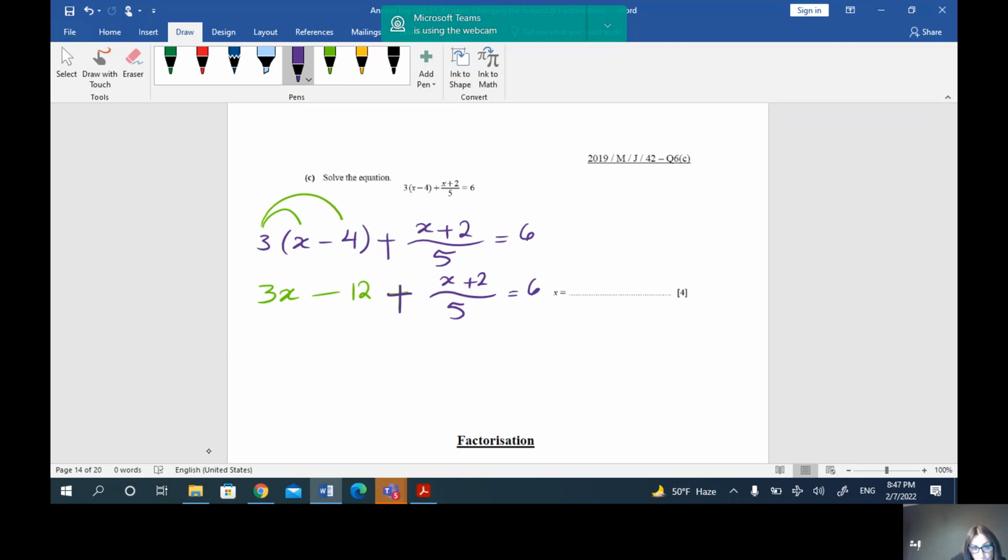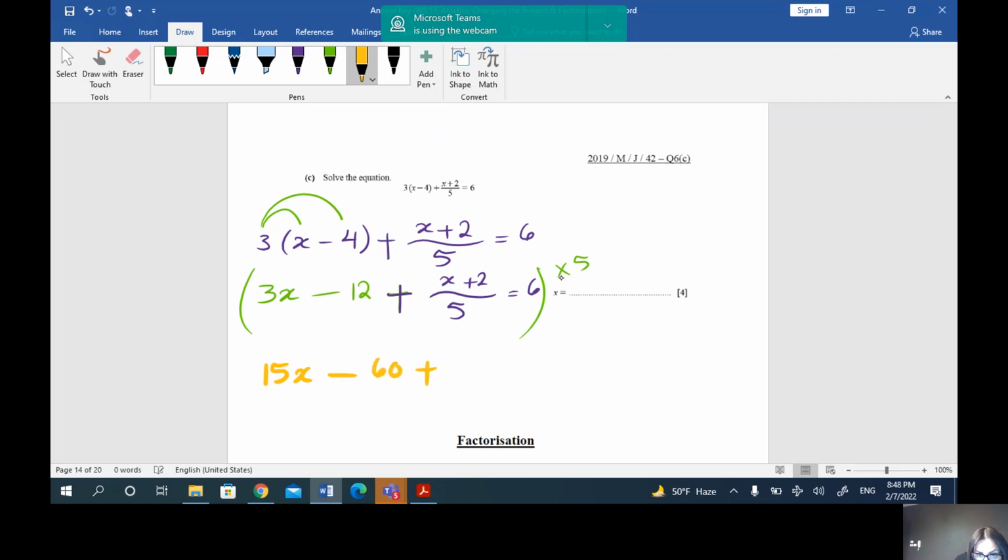Second thing that we need to do is get rid of the denominator by multiplying each term by 5. So it will be 5 times 3x, 15x. 5 times negative 12, it will be negative 60.